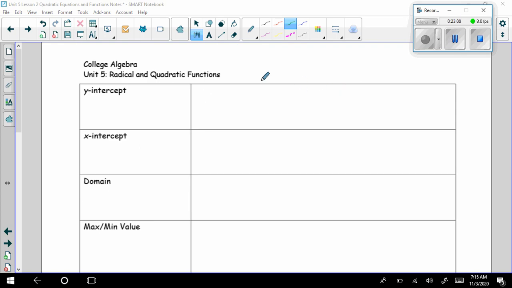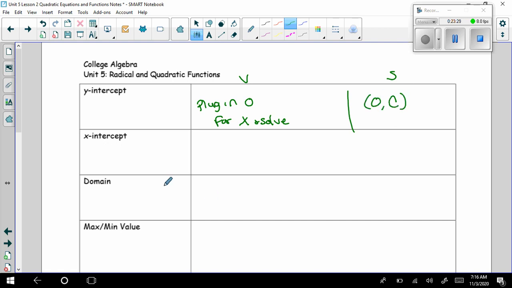To find the y-intercept in vertex form versus standard form, plug in 0 for the x and solve. In standard form, it is C. All right.